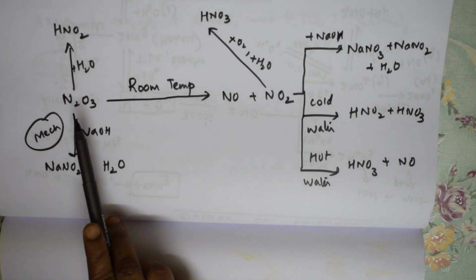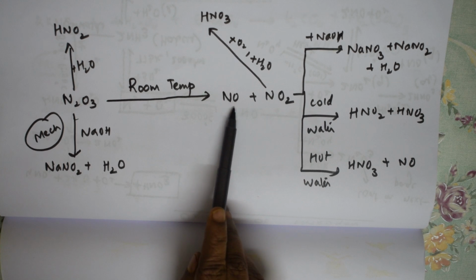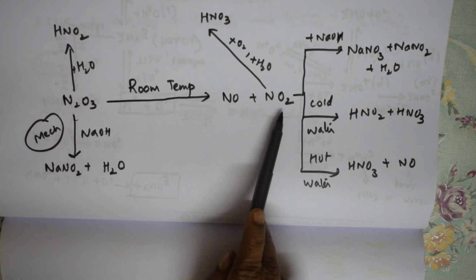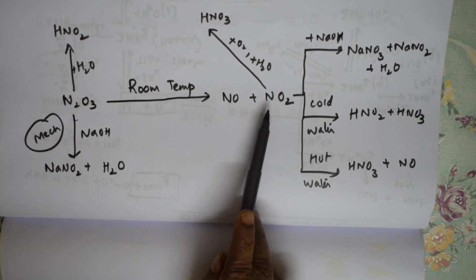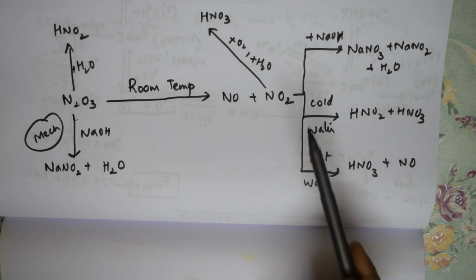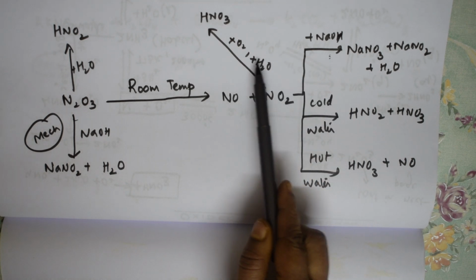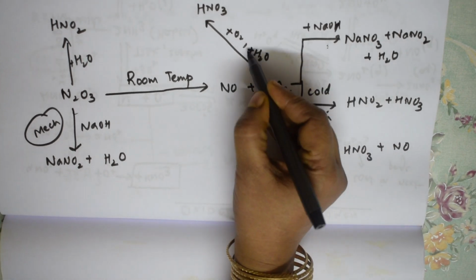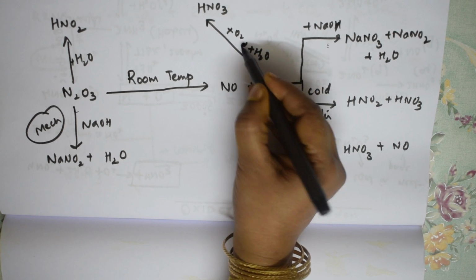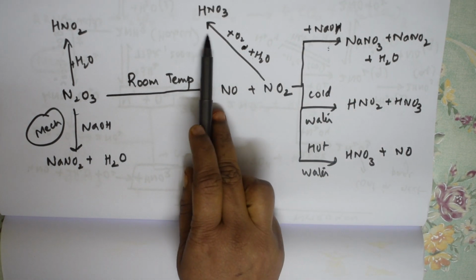Right. So here N2O3, when you treat it at room temperature, is going to break up into nitrous oxide and nitrogen dioxide, which is a reddish brown gas. Now nitrogen dioxide, when you treat it with sodium hydroxide as a base, or with water, or with oxygen and water, you'll get nitric acid.